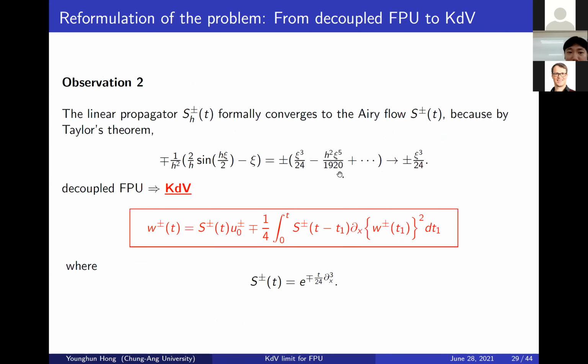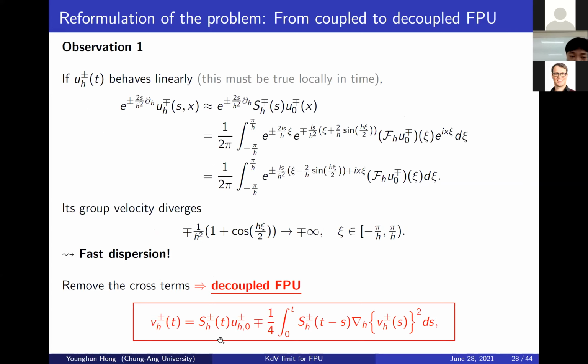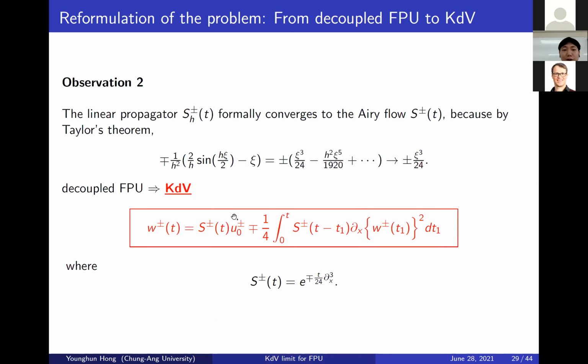By direct calculation, we can see that this symbol converges to a cubic term as h goes to 0. So somehow this is the propagator we should have for the KdV equation. So we can expect that as h goes to 0, this linear propagator would be replaced by the Airy flow operator, and in the end we get the KdV equation.